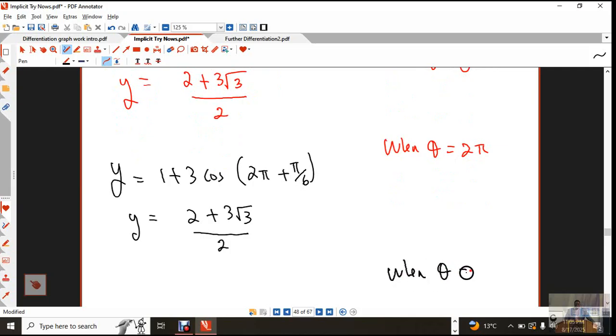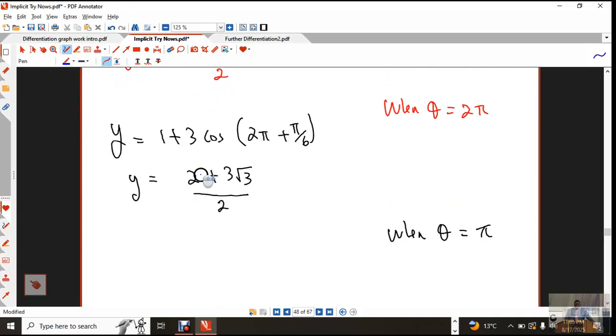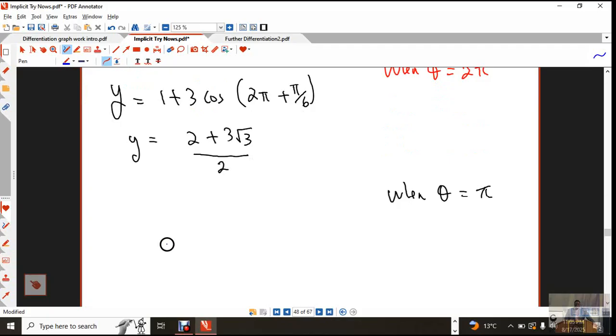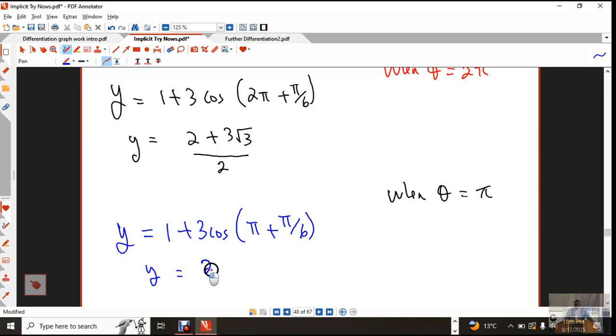When theta is equal to pi, what will be the corresponding value for y? Okay, so then y will be 1 plus 3 times the cosine of pi plus pi over 6. Of course, I've done it already, but you can go ahead and calculate it on the calculator. You're going to get that value, which is about negative 1.5980.